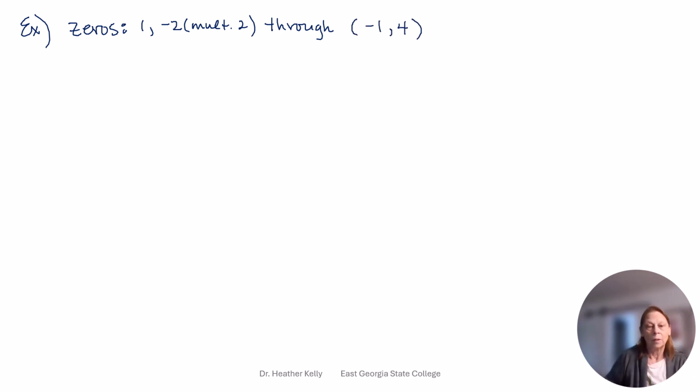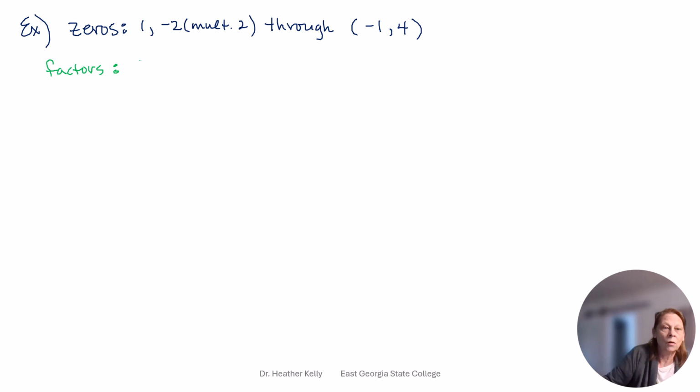Let's do zeros of 1, negative 2 with multiplicity 2, and then through the point negative 1 and 4. Okay, so first things first, let's get our factors.